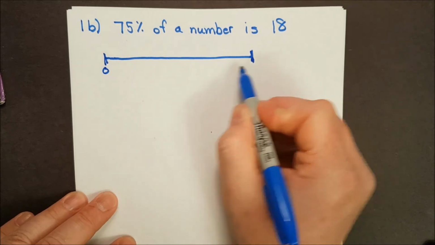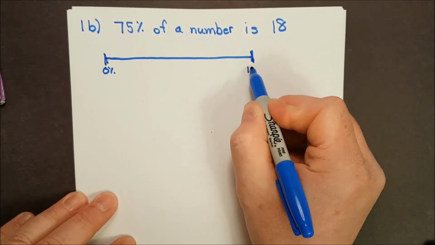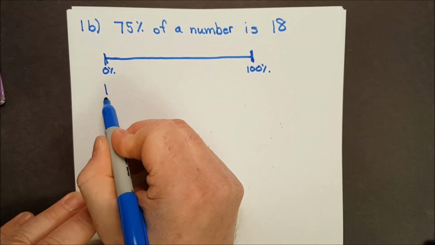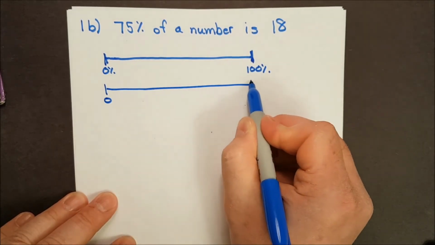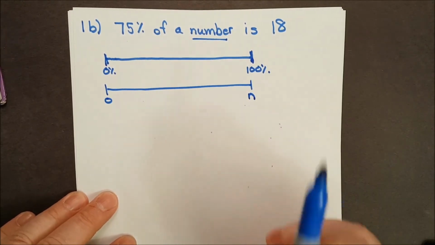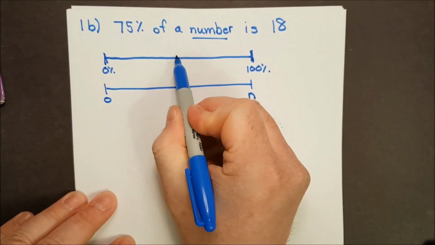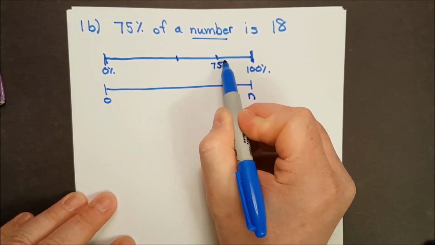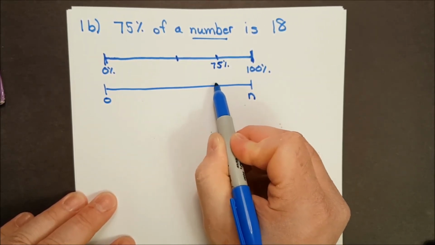So 0% to 100%. And we have 0 to some number, 75% of a number. So we don't know what this is. But we do know that 75% does give us 18.